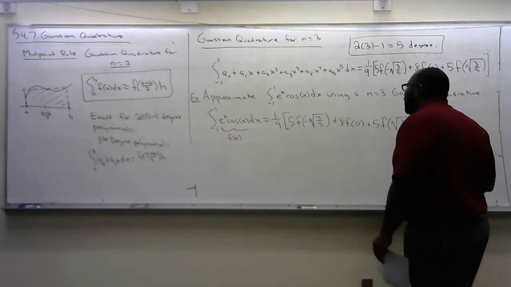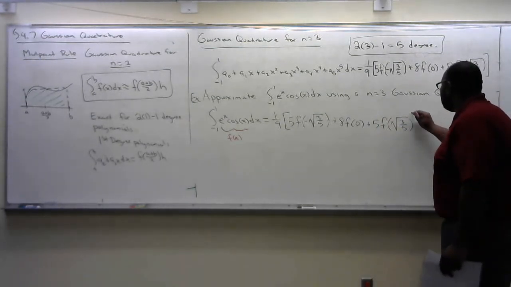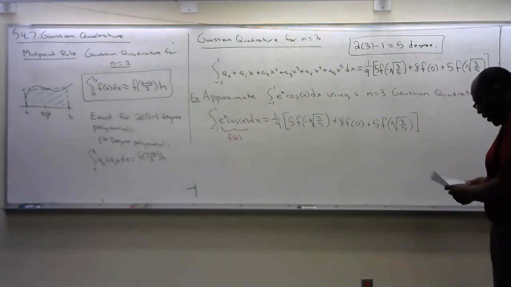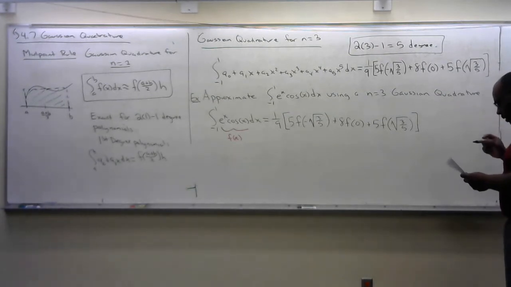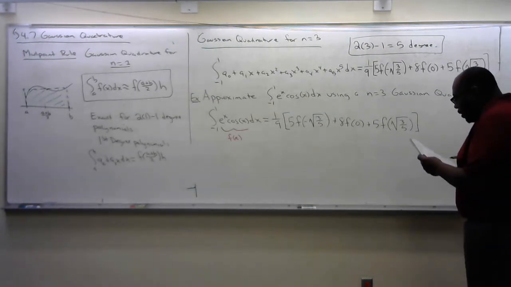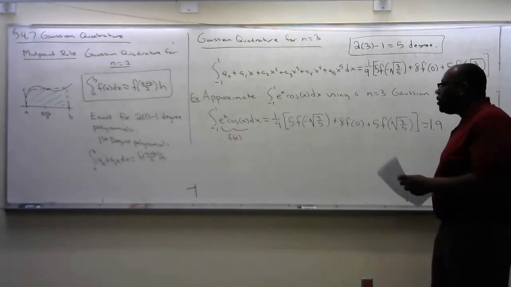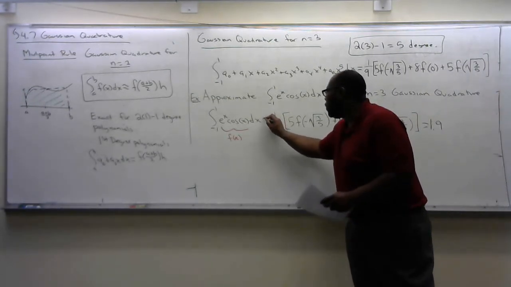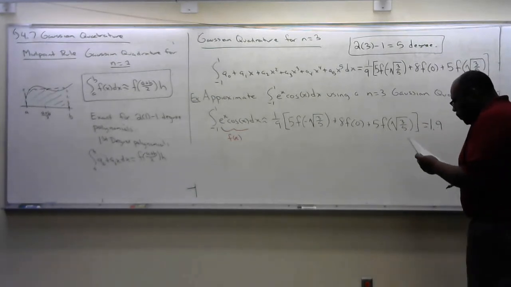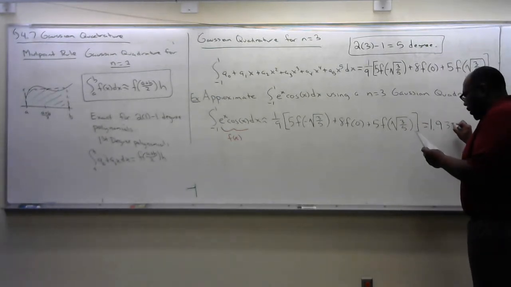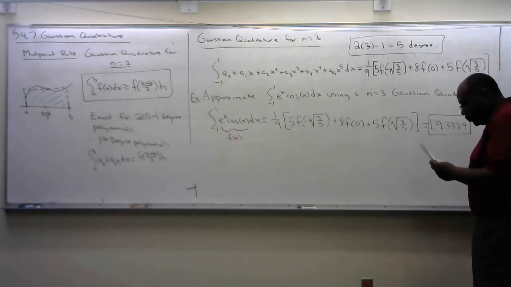Really no need to write it again, just wrote it so you can see it one more time. So did Dr. Mercer write it down right the first time correctly? And when you do this, you get, at least I have, 1.9. So this should be approximately equal to 1.93339, which is what I have in my notes.